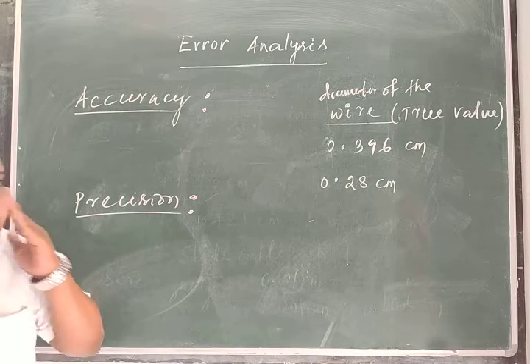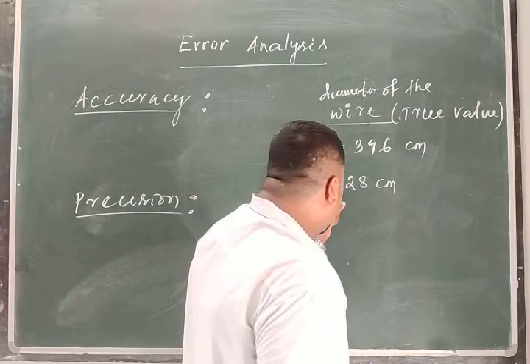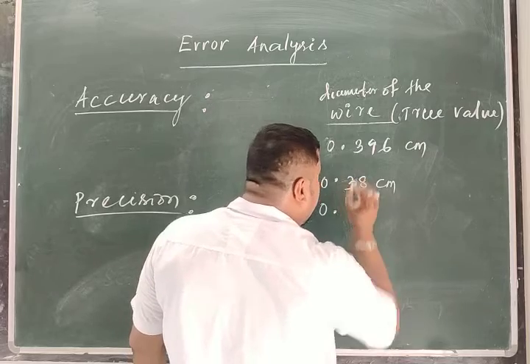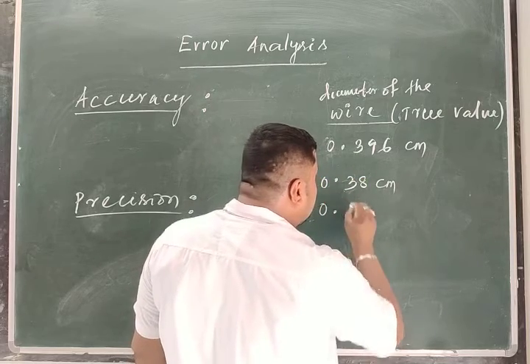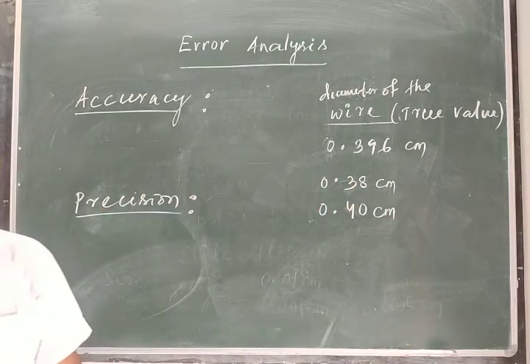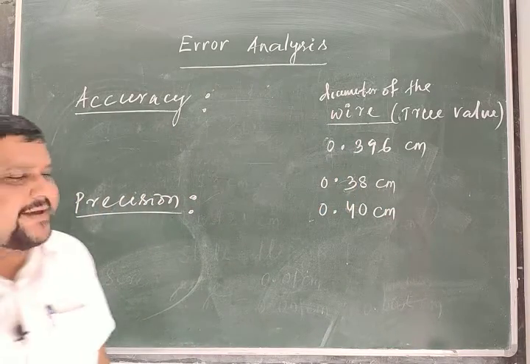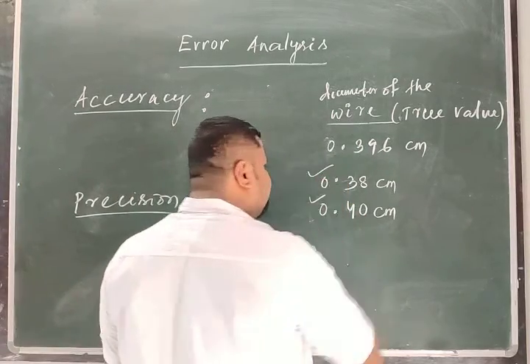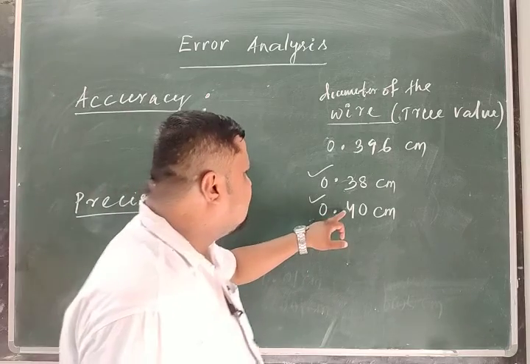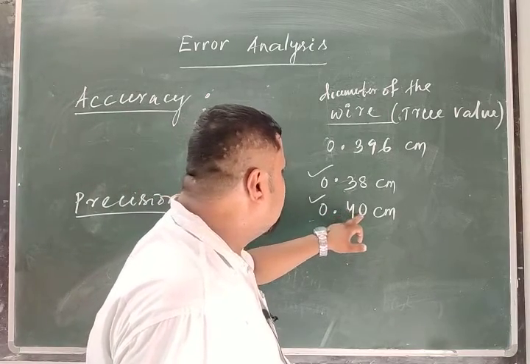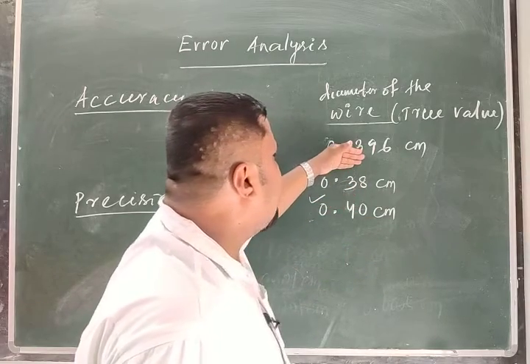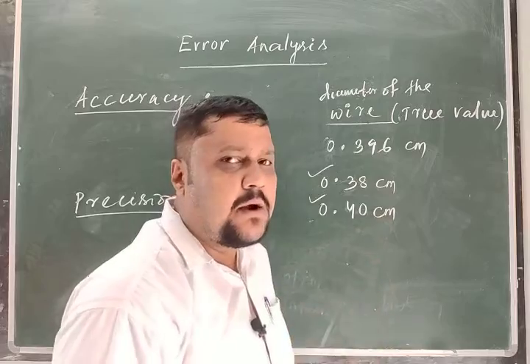So in one measurement I got 0.28 cm, in another measurement I got 0.38, and in another I got 0.40 cm. Now compare. 0.40 and 0.38 are close to the true value.